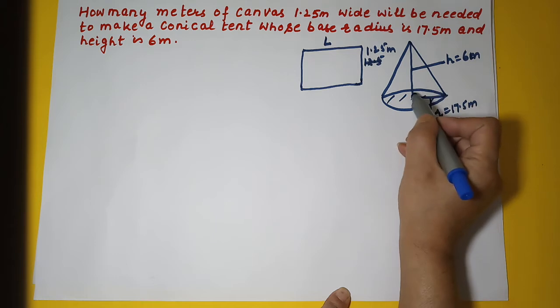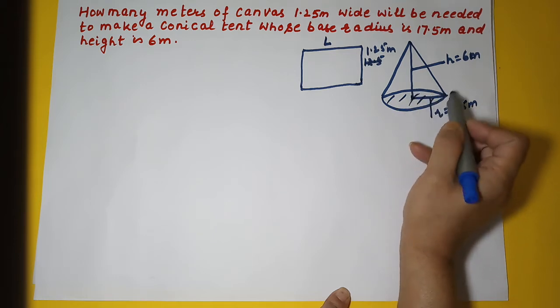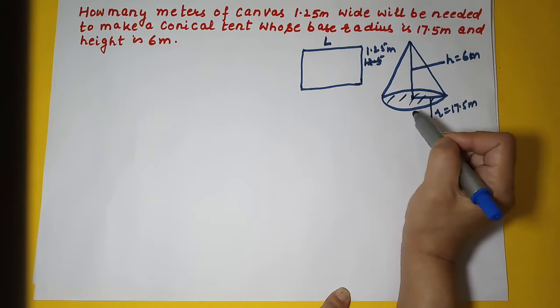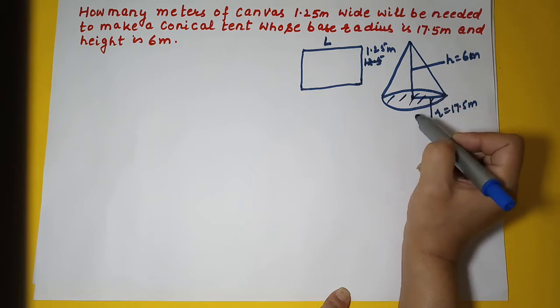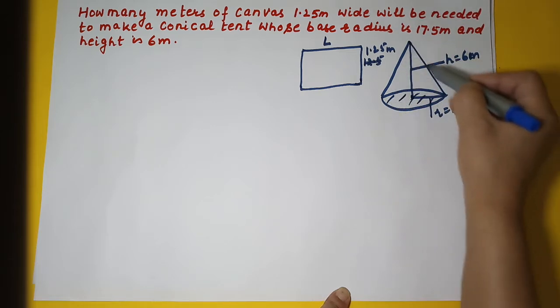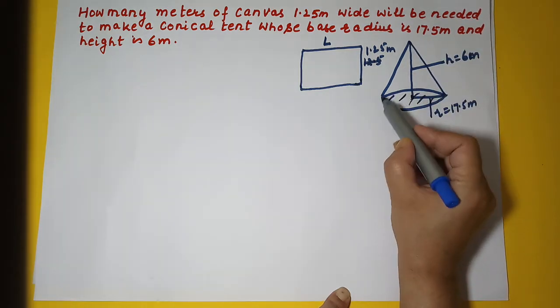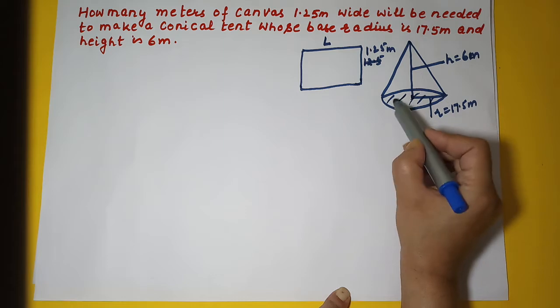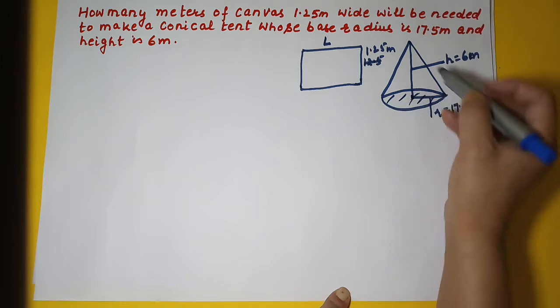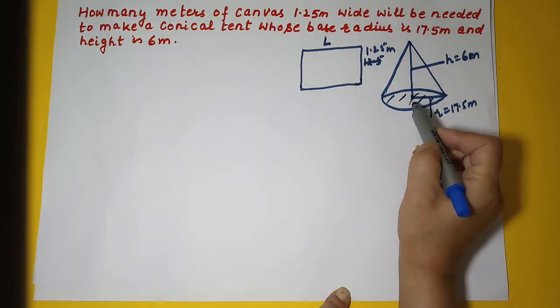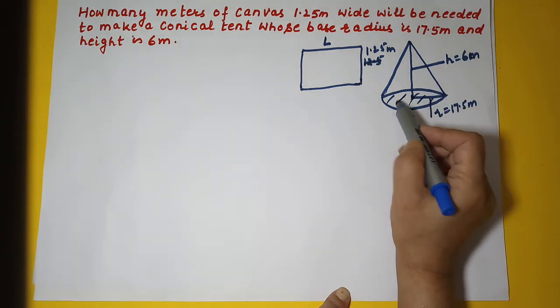Now when do we not consider this bottom part? In which area? Curved surface area, right? Total surface area. In total surface area, we calculate the curved surface area as well as the area of the base. Here we don't have to make the base with the help of the canvas. We have to only create the conical tent whose base is not made with the help of the canvas.